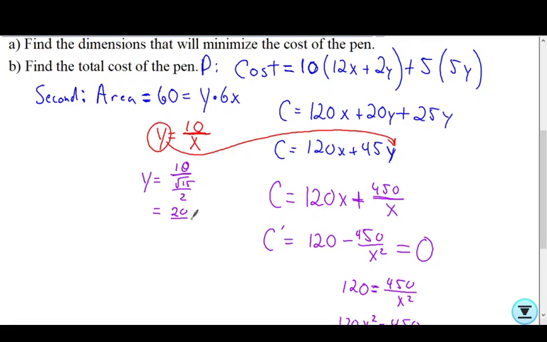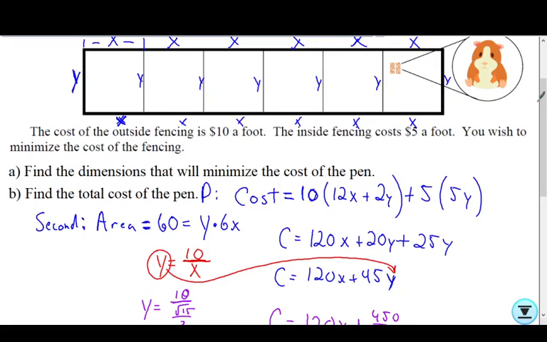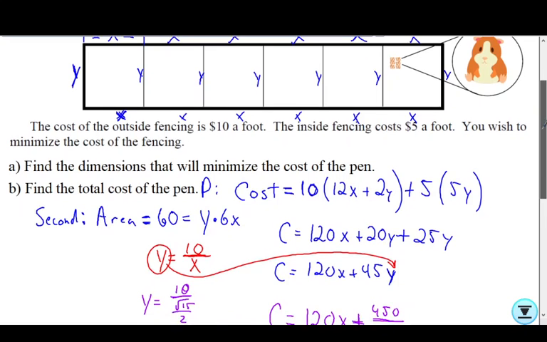So that'd be 20 over the square root of 15, which is approximately 5.16397, which makes sense. We'd want to use more of the middle, because it uses more of the less costing material than the more costing material. So those are my dimensions.